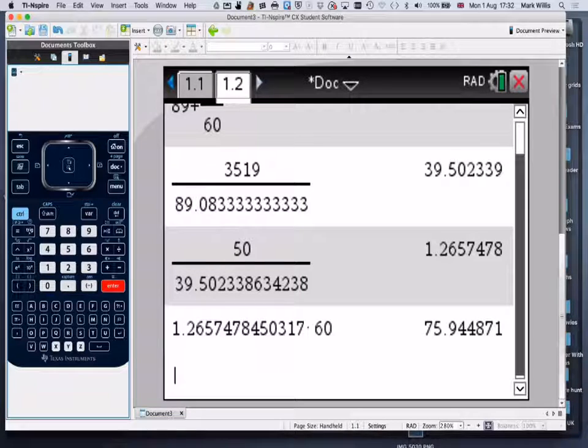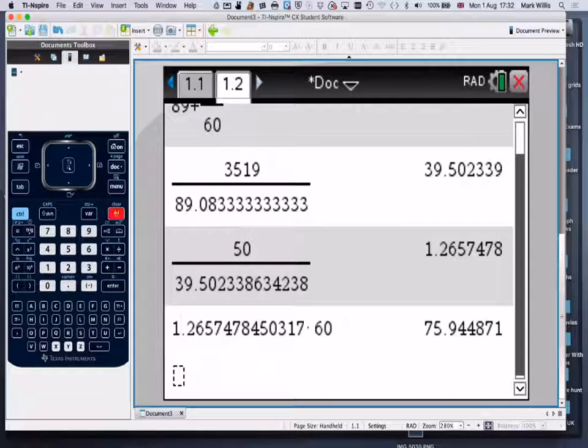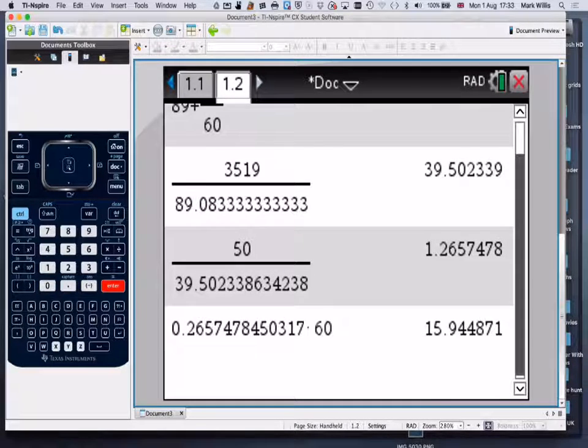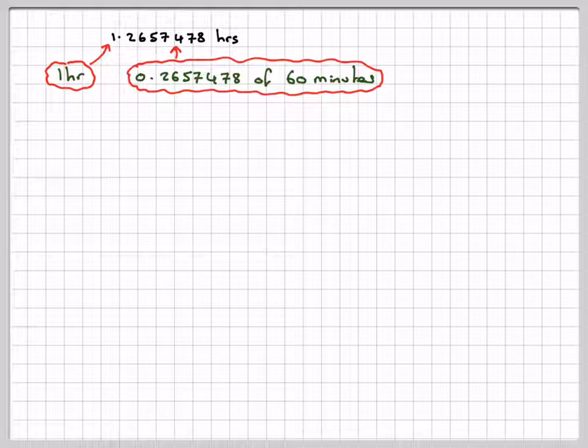Okay, but I don't want that, so I'm going to redo that, sorry. So I'm just going to undo what I just did, and then I'm going to change that to a 0, and then times it by 60, and therefore I can see it's 15.944871 minutes.